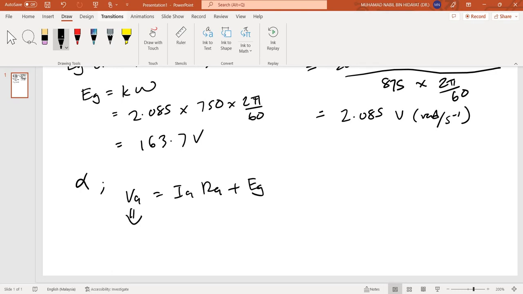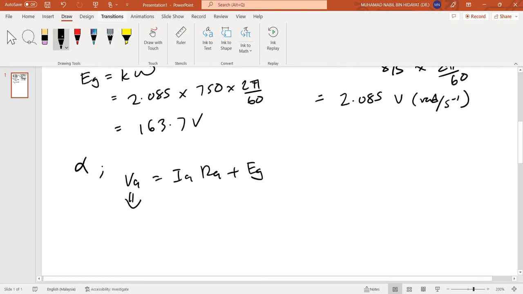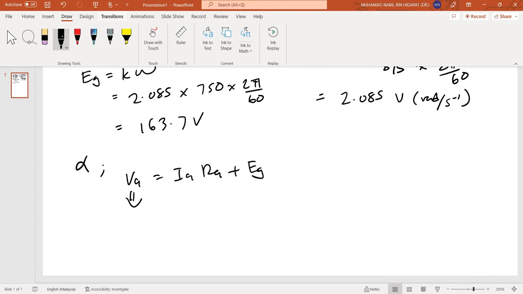To produce VA, we use the AC to DC equation, which is in the notes. For a full bridge, it is 2 Vs over pi.